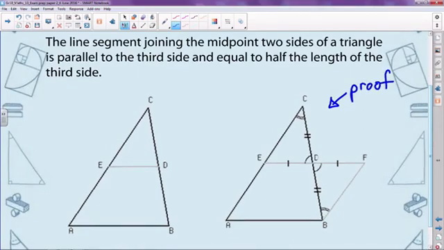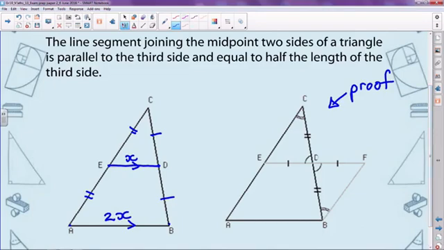But what I really want to emphasize at this point, is that if these 2 lines are parallel, and if that side is bisected by this line, and this side is also bisected by this line, then this line, ED, will be half the size of AB.